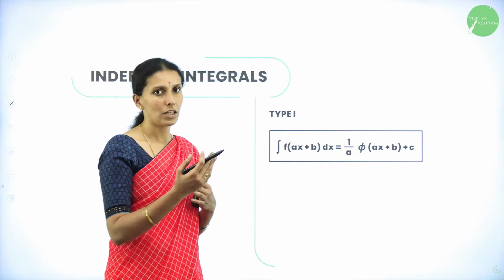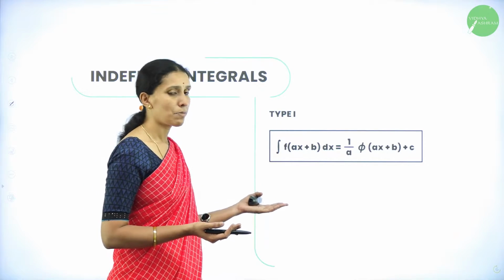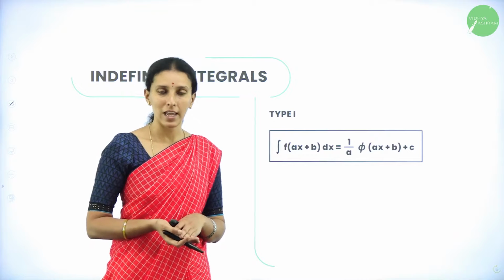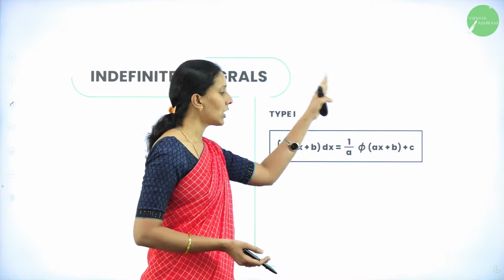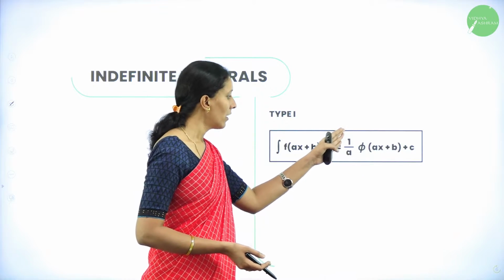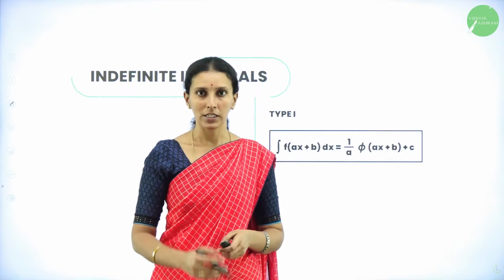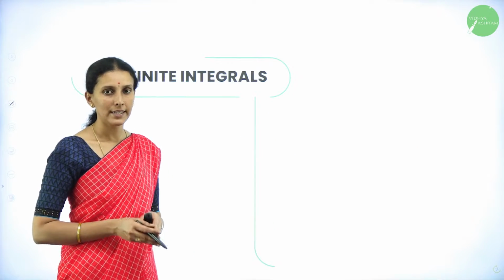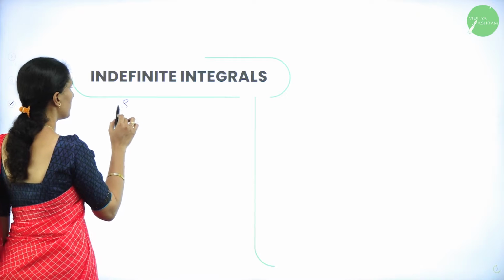Similarly, if you have it in the form of 1 by x, it can be written as log x. 1 by ax plus b means 1 by a log ax plus b. So any function of this form can be written with its antiderivative with 1 by a along with the integration constant. Along with some of these results, we have some standard results also.